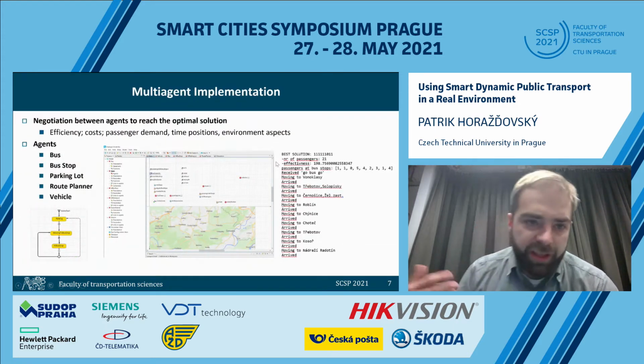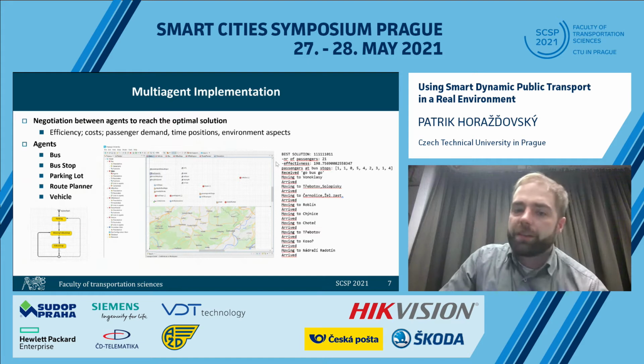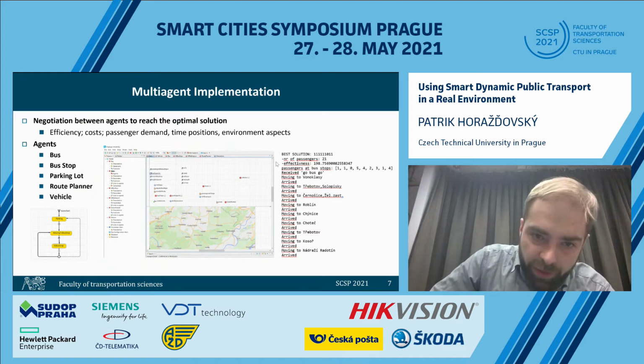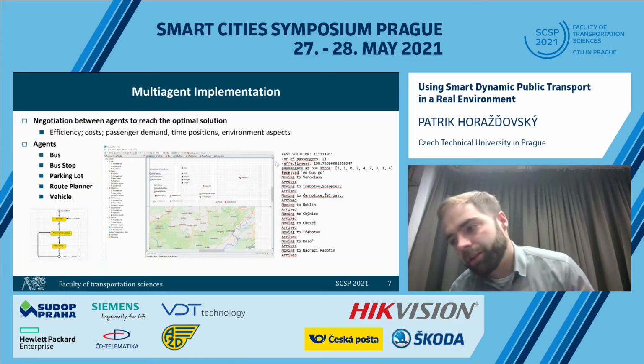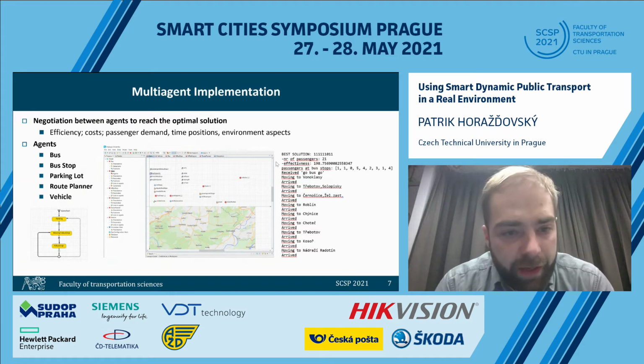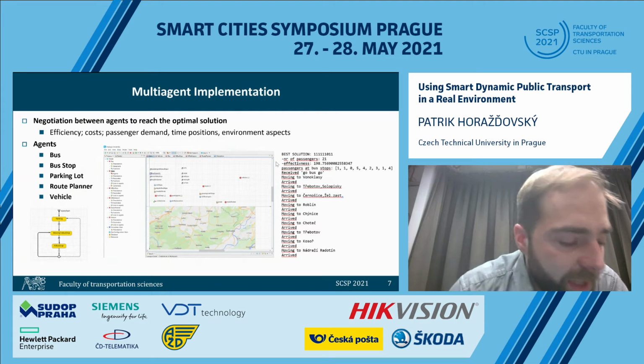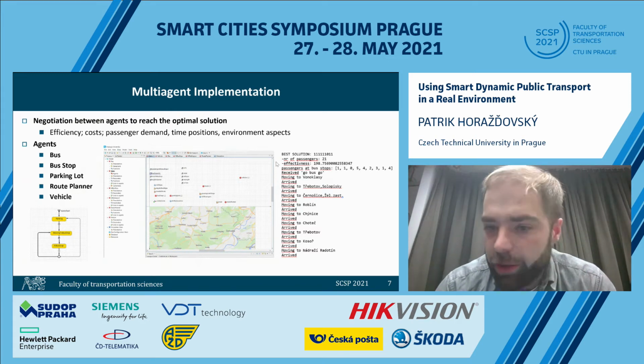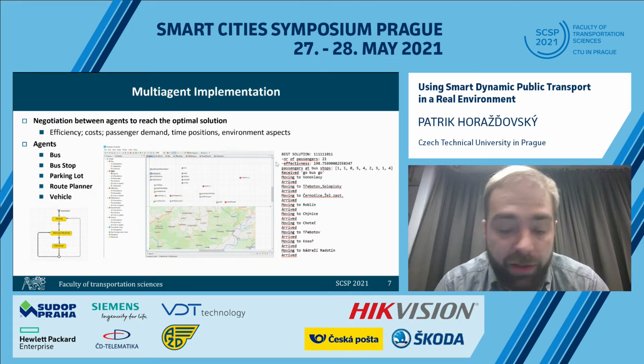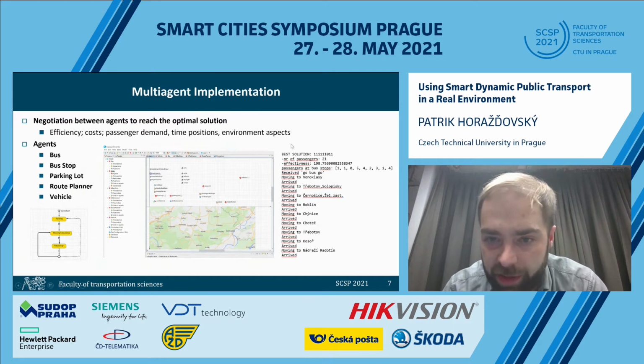So after that, I created a model. That model was in the multi-agent system in AnyLogic. It's programmed where I created this model, and I tried to create some agents which negotiate between themselves and create some result. The result is here on the right.